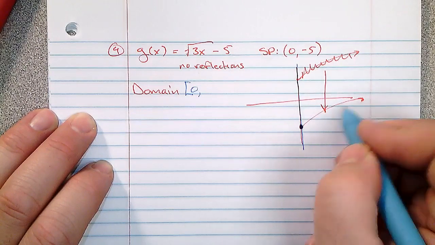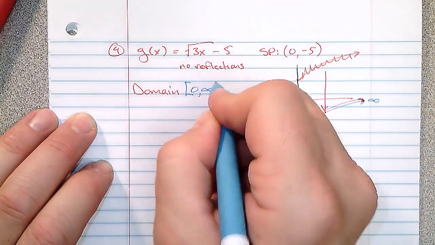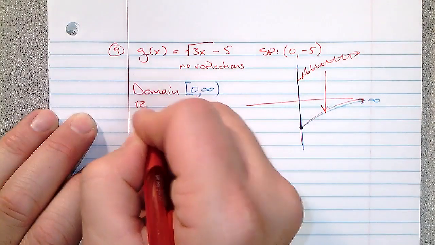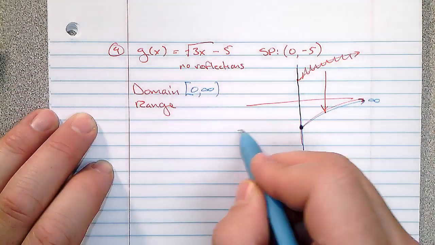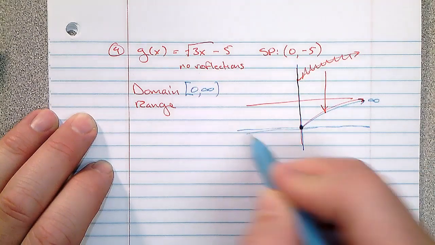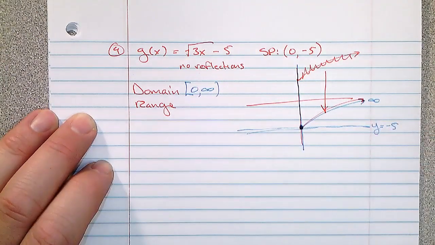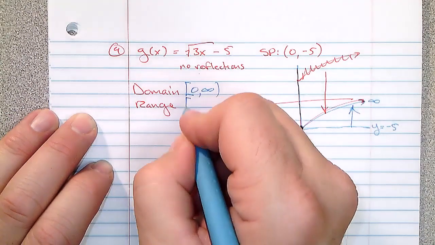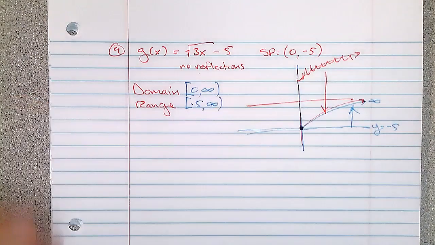And then it goes on forever towards infinity. So infinity. Likewise, our range. What's our minimum y value? Y equals negative 5 right there. And then it goes up. So negative 5 to infinity. And there's our domain and range.